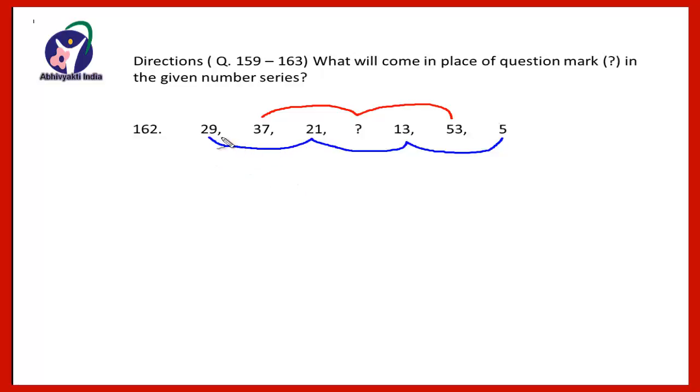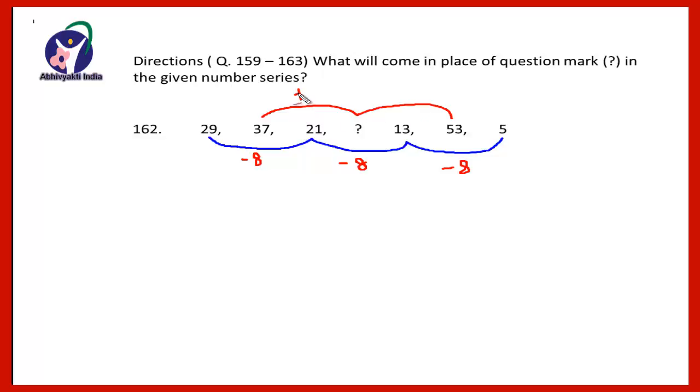If you observe this, you will see that here 8 is subtracted, that is 29 minus 8, that will be 21. If you subtract 8 from 21, you get 13, and if you subtract 8 from 13, you get 5. So check for this.